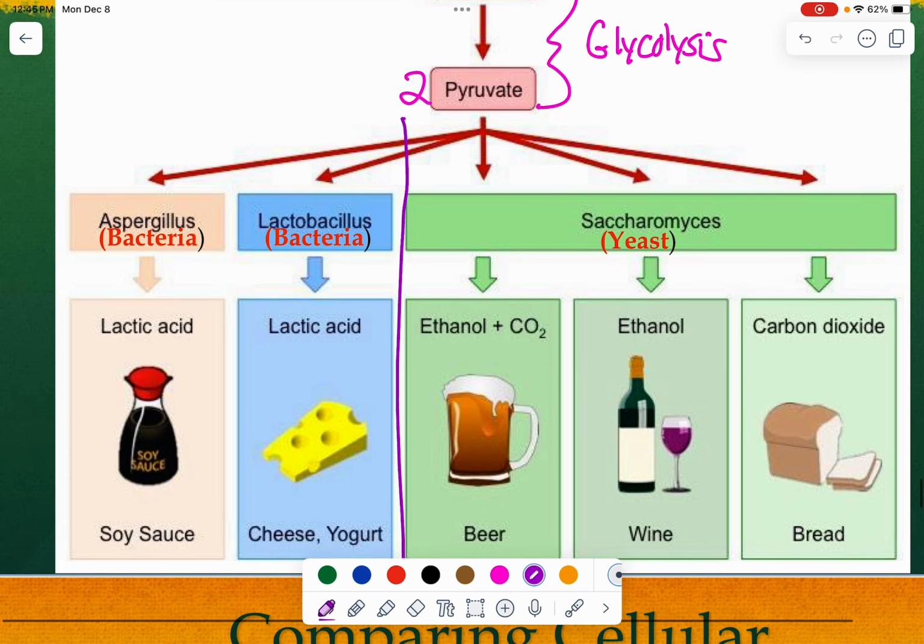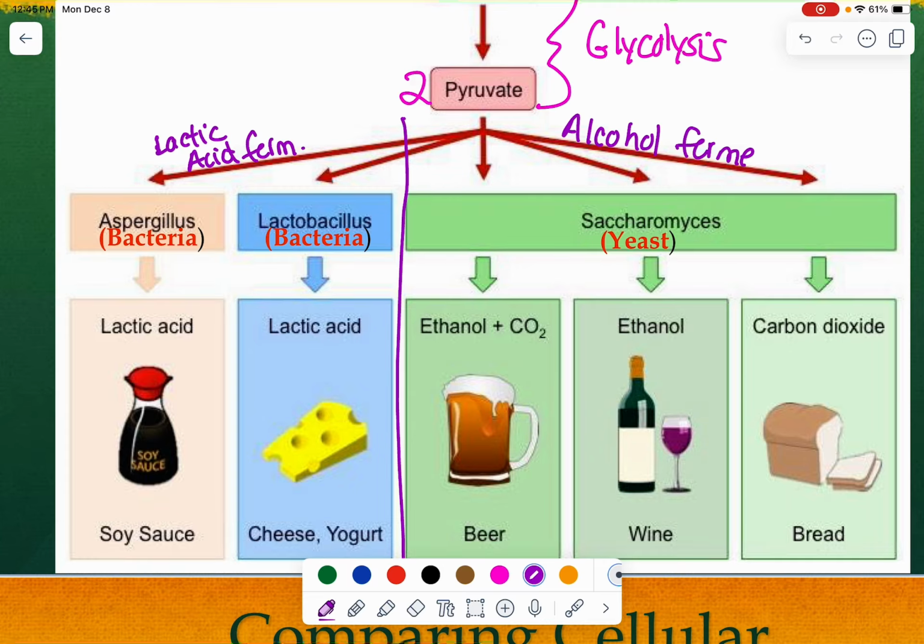This is showing you lactic acid fermentation, and then these in green, this is alcohol fermentation and how we use them.